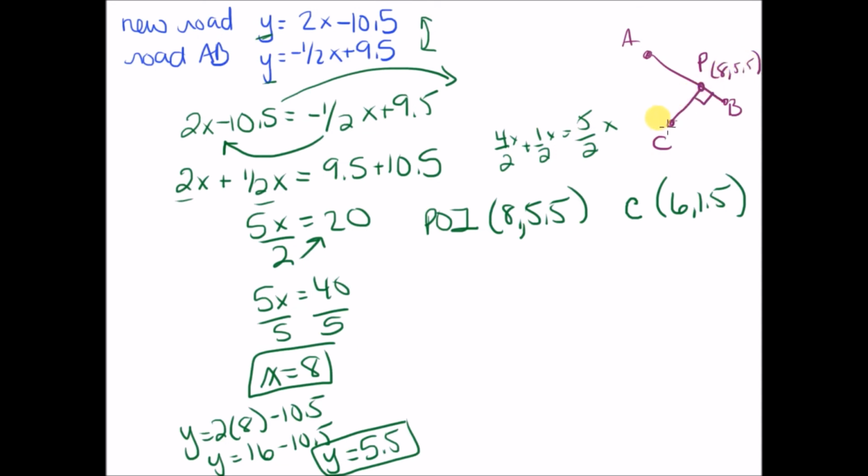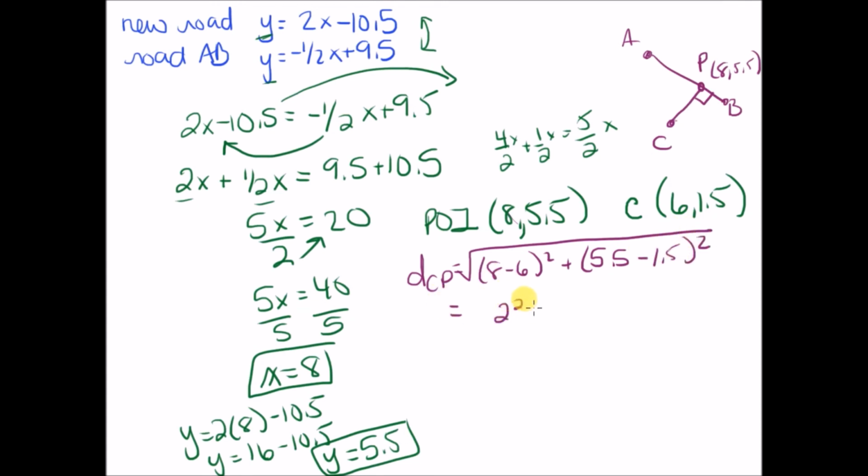So now we need the distance between C and P. Let's do the difference in the x's. Let's go 8 minus 6, square that, plus the difference in the y's, 5.5 minus 1.5. Okay, so I get 2 squared plus 4 squared. 4 plus 16, I get root 20.